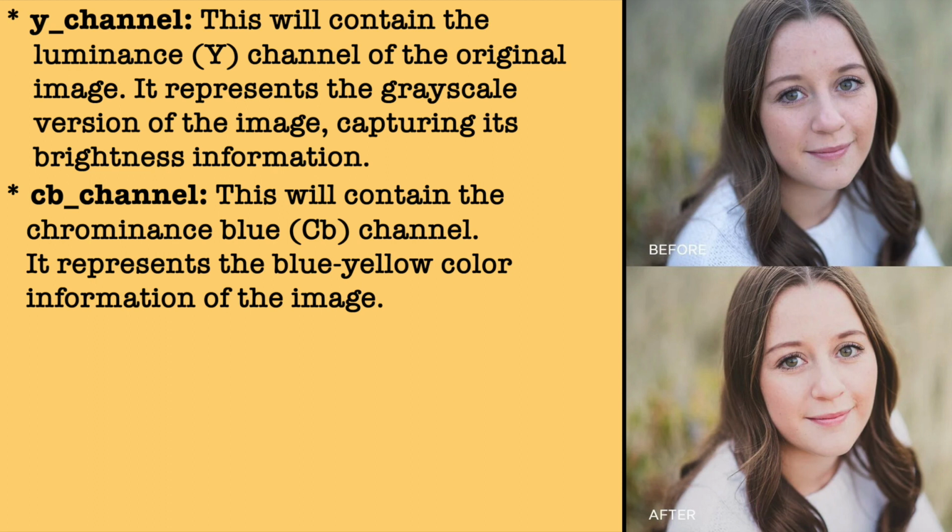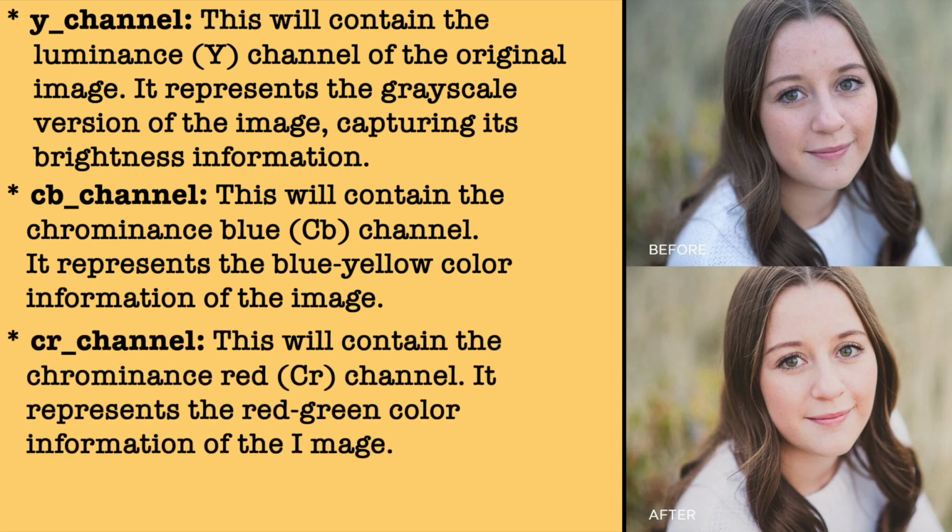It represents the blue-yellow color information of the image. Cr channel will contain the chrominance red channel. It represents the red-green information of the image. By splitting the YCbCr image into these three channels, you can process each component individually.